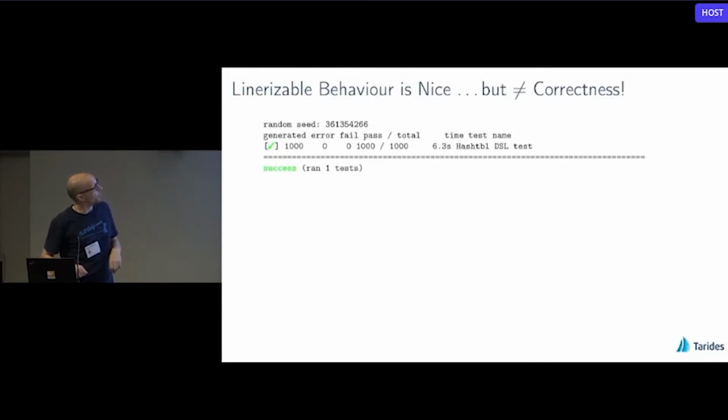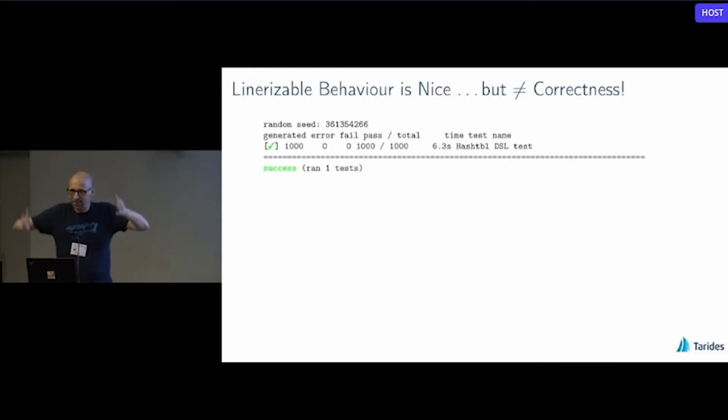So if someone comes up to you with a smirky face like this and a computer that works as well as this and tells you that those linearizability tests are passing now, you should take it with a grain of salt.